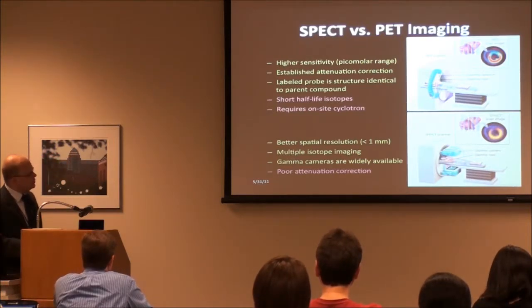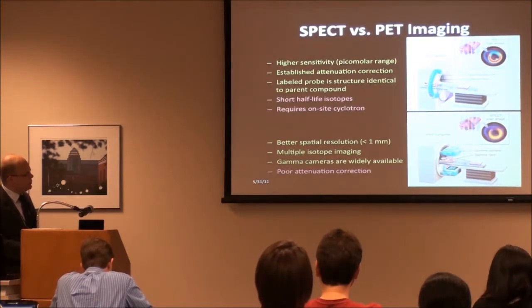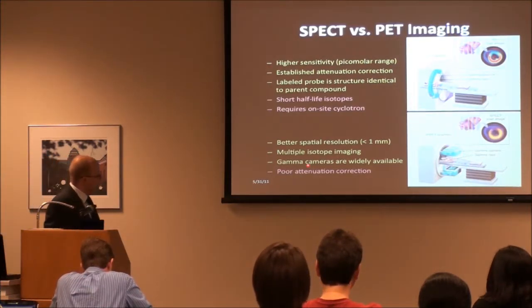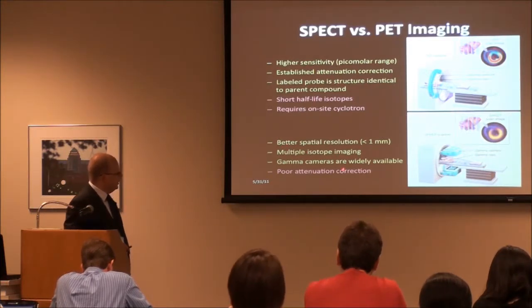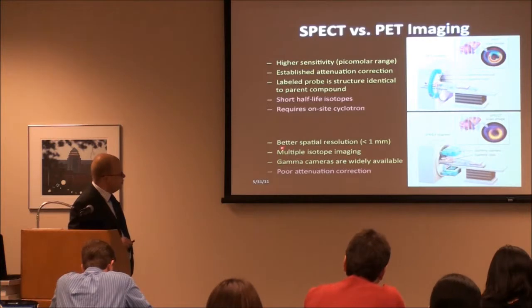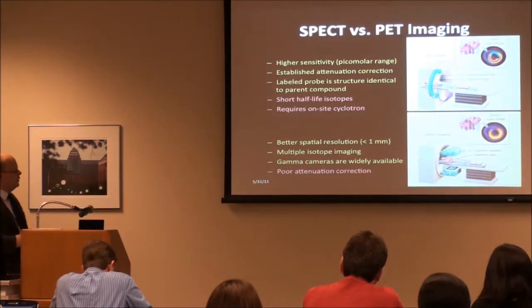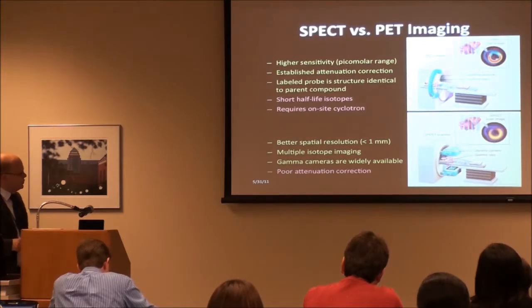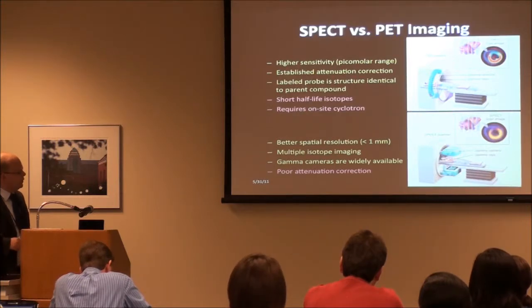On the other hand, the SPECT technique, which has been in the clinical world for at least a couple of decades, has better spatial resolution, less than 1 millimeter. It is also possible to inject multiple isotopes in one object and image those multiple isotopes at once. And the gamma cameras, because it's a relatively old technique, are widely available.